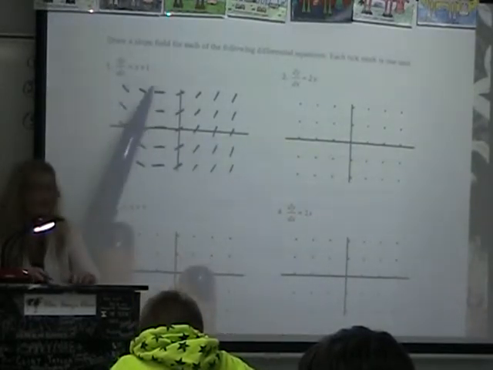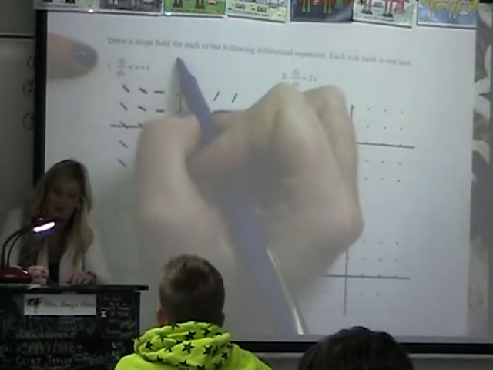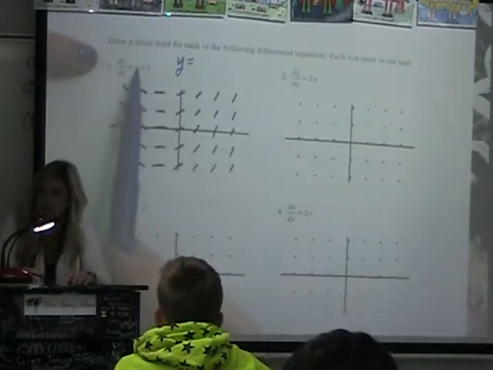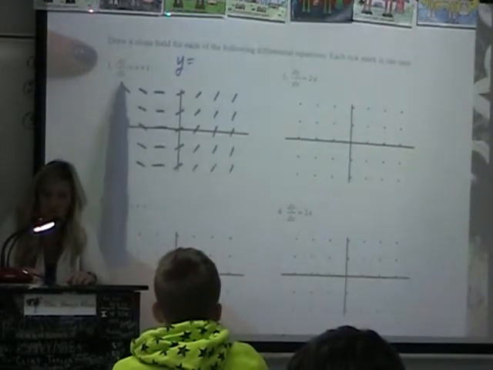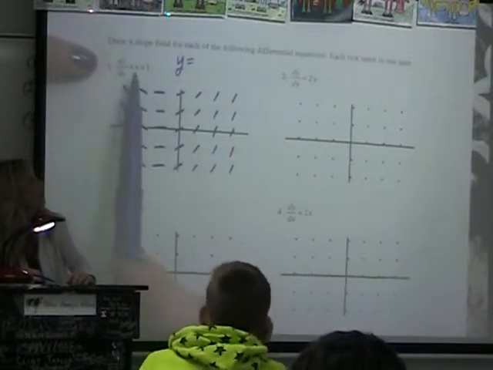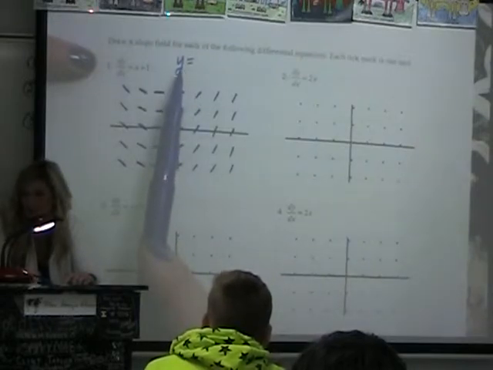And so if we actually find the equation, I picked an easy example to start with because we only had to worry about the x coordinate. If this is y prime, and we want to find out what y is, all we have to do is take the antiderivative. You don't even have to separate variables, really.